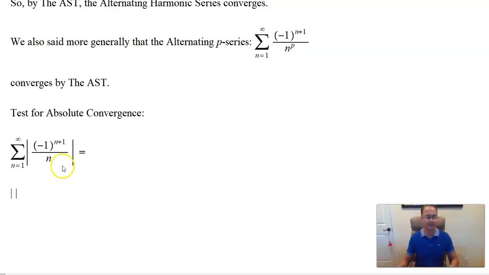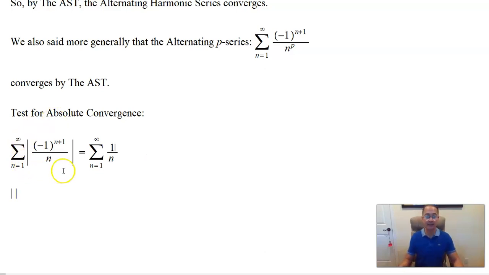And of course, when we take the absolute value of those terms, the minus 1 to the n plus 1 just goes away. Didn't we just say that? Yeah, we just said that. So therefore, this is going to be just summation 1 over n. Okay? Take note though, we are not doing the alternating series test. We already did that, right? We are doing something else.